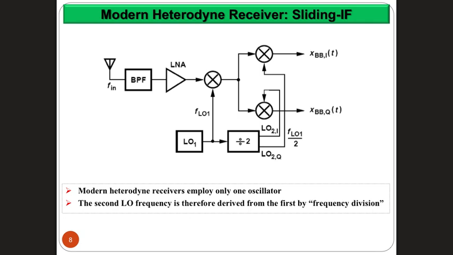I think he thinks LO1 is fixed at all times. I think you can vary LO1 depending on the input frequency, right? No, you can't vary it. You can do the calculation for a particular input frequency, and then you're stuck with that frequency.